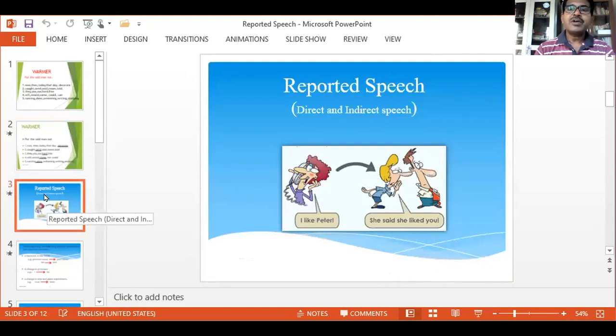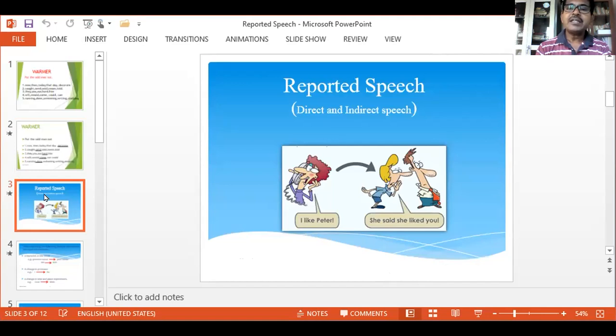Reported speech. Reported speech means you report something said by someone else to somebody else. Look at the first slide. We call reported speech direct and indirect speech. Direct speech, like "I like Peter", then you report it.